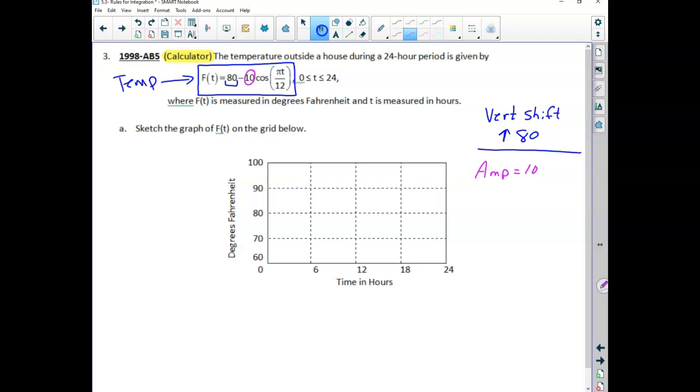And remember, we also had to calculate the period. The period was always 2 pi divided by b. My b value here is pi over 12, so the period is 2 pi over 1 times 12 over pi, and I can see those cancel out, and I get 24. See how they're making you graph one phase of your graph from 0 to 24.